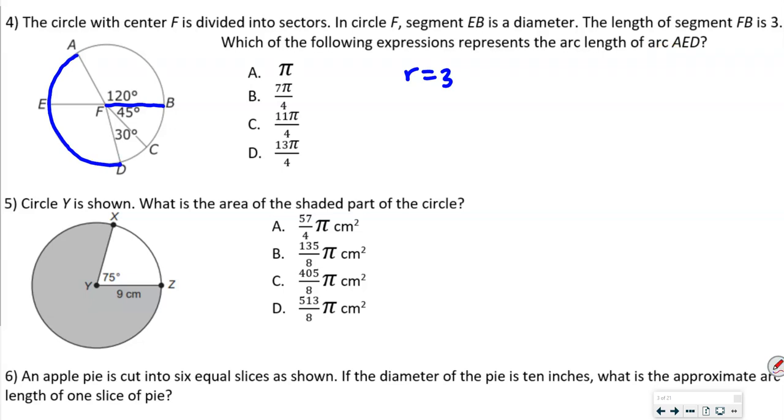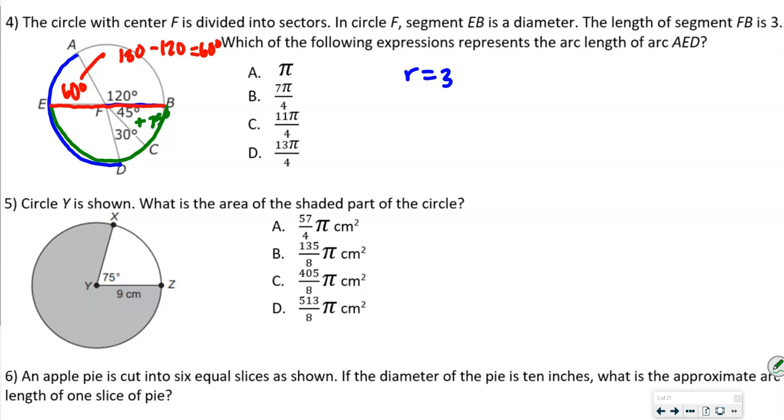Okay, so to find AE up here, I'm going to take 180 because that's half. That would be this right here, right? 180. And I'm going to subtract from it the 120, so that would give me 60. So this right there is 60, okay? Then on the bottom, similarly, I'm looking at this, okay? So hopefully you can see that when you add these two together, you get 75.